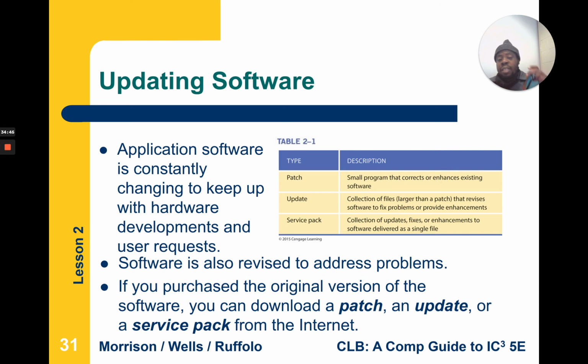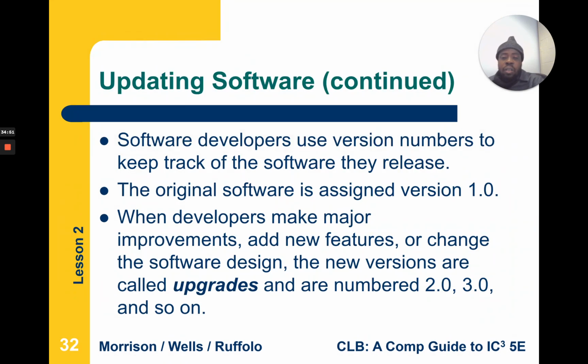When you update it, it's going to make the newest features available on your phone. And software developers use version numbers to keep track of the software they release. They might call the original one version 1.0, and an upgrade can be called 2.0, 3.0, and so on and so forth, depending on the agreed nomenclature.